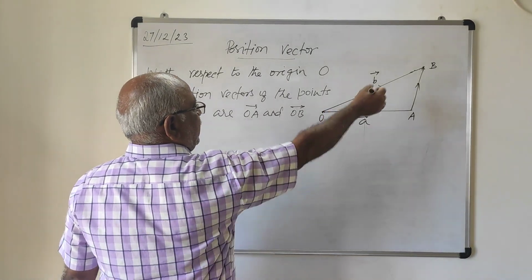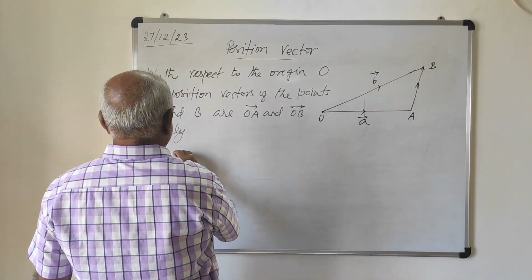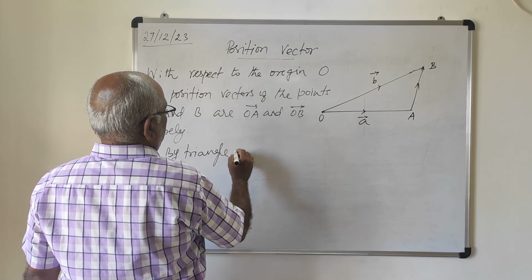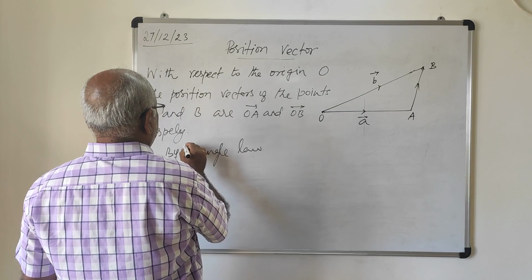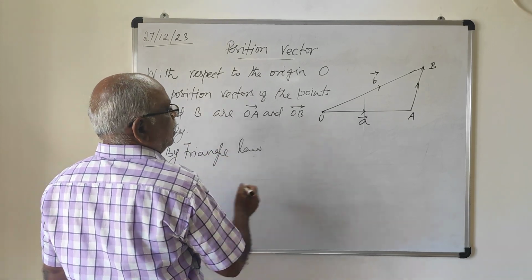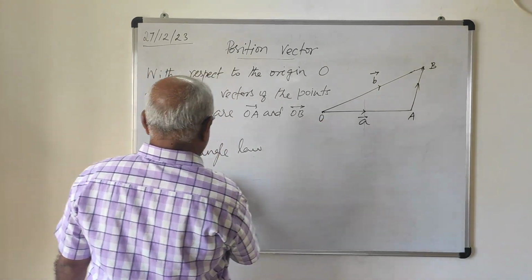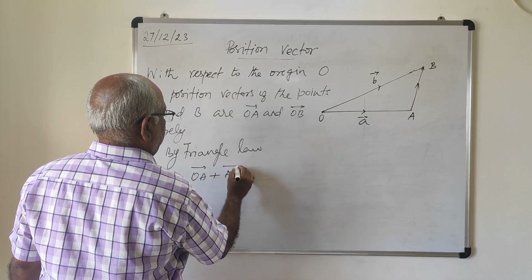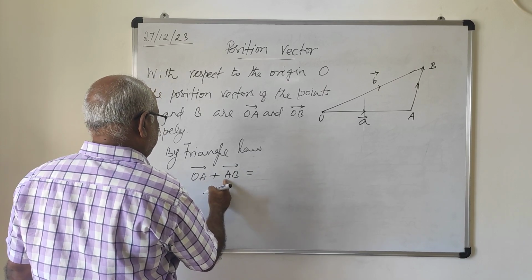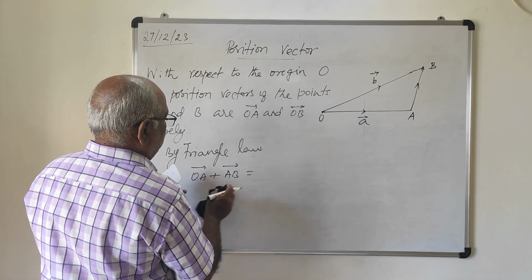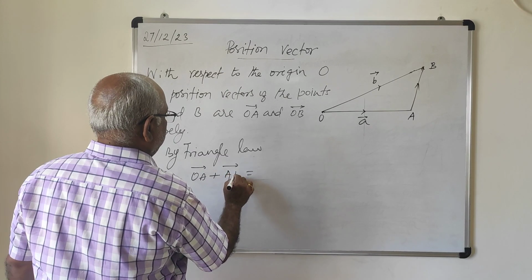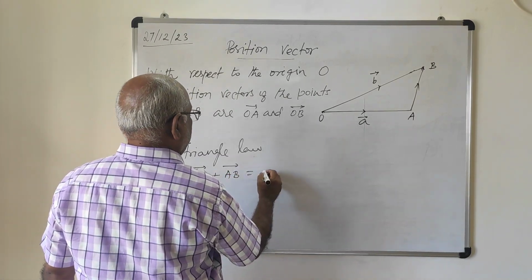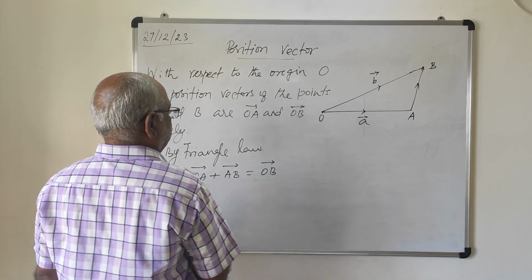Now, by the triangle law of vector addition, vector OA plus vector AB equals, through the common point A, you start with A and end with B. Therefore, OA plus AB is OB, by triangle law.